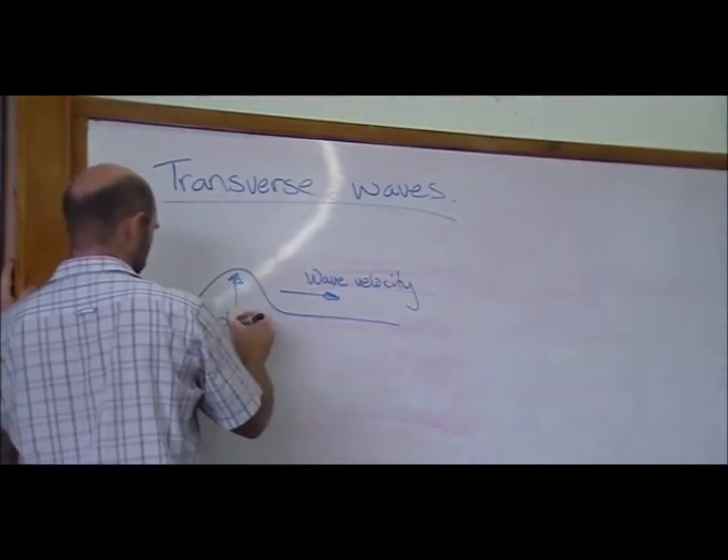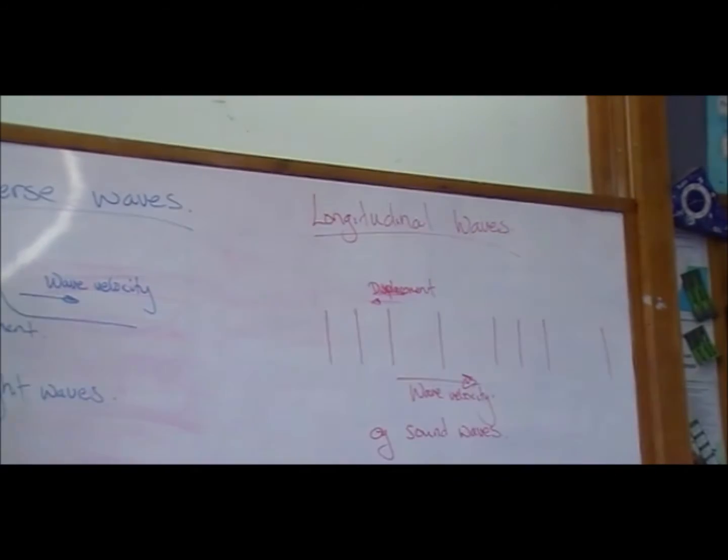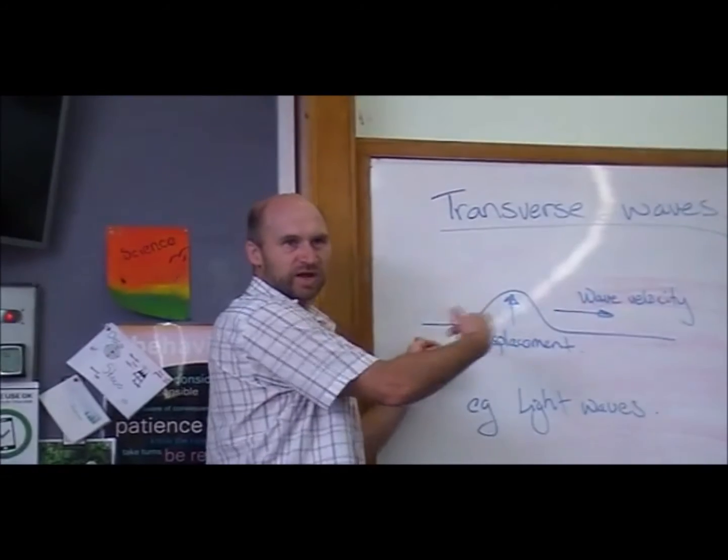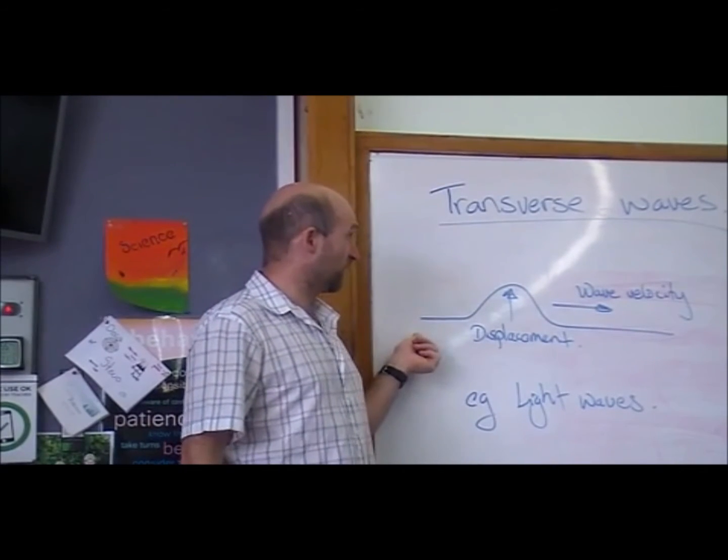Should we draw some pictures? Yeah. Okay, so two different types of waves we're going to run into in everyday life are transverse waves and longitudinal waves. Side view of the medium.